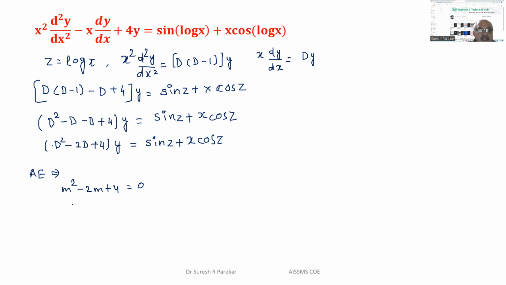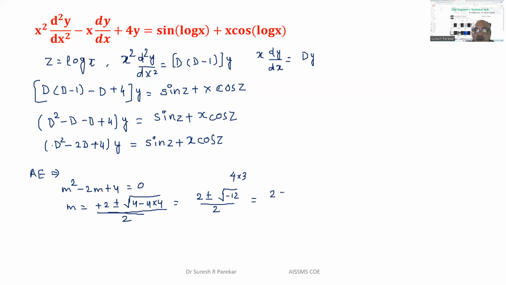From this we will get m is equal to minus b plus minus root of b square minus 4ac upon 2a. Then we can have 2 plus minus root of minus 12 upon 2. So this 12 we can write 4 into 3, and root 4 outside we can take 2.